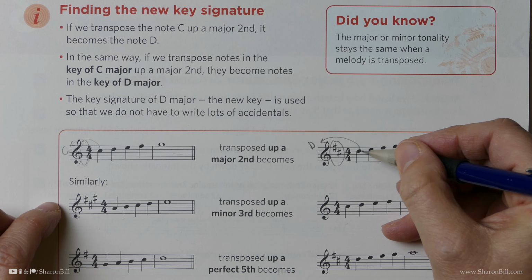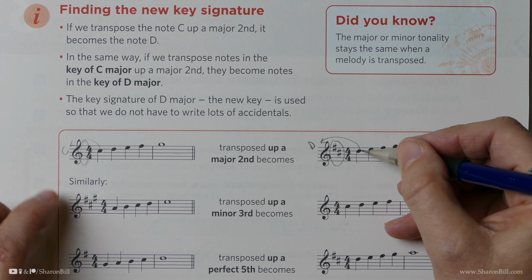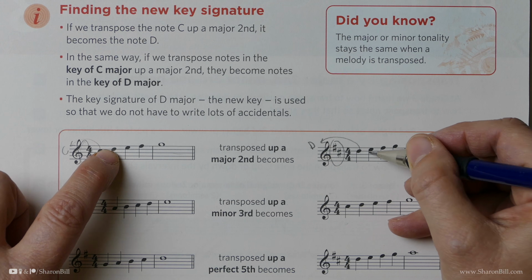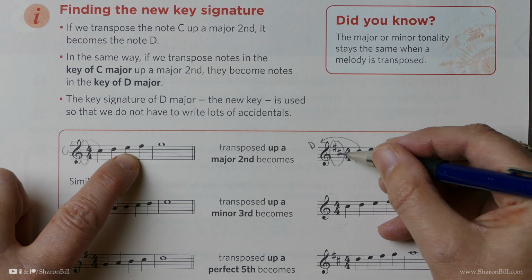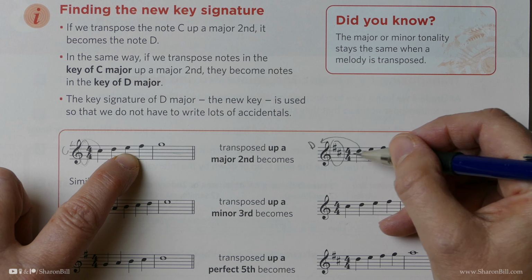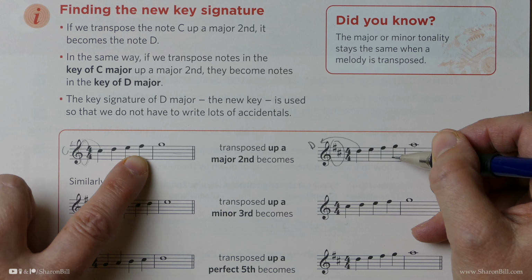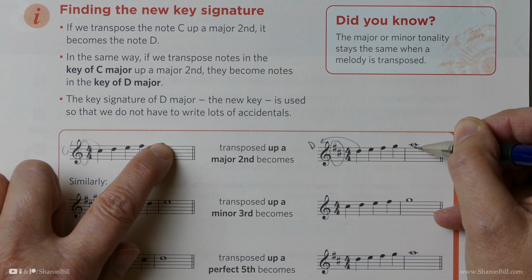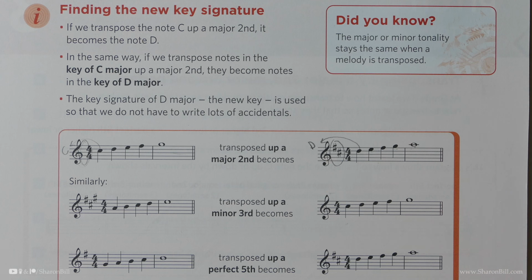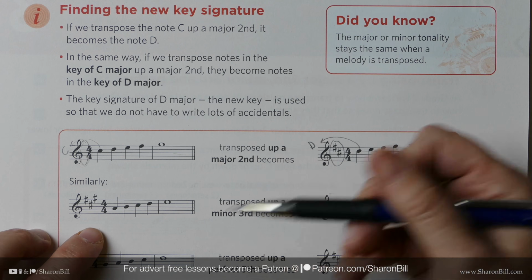So the C has become a D, the D has become an E, the E has become an F sharp, but the key signature will deal with that for us. We don't have to worry about that. The F has become a G, and then the G has become an A.